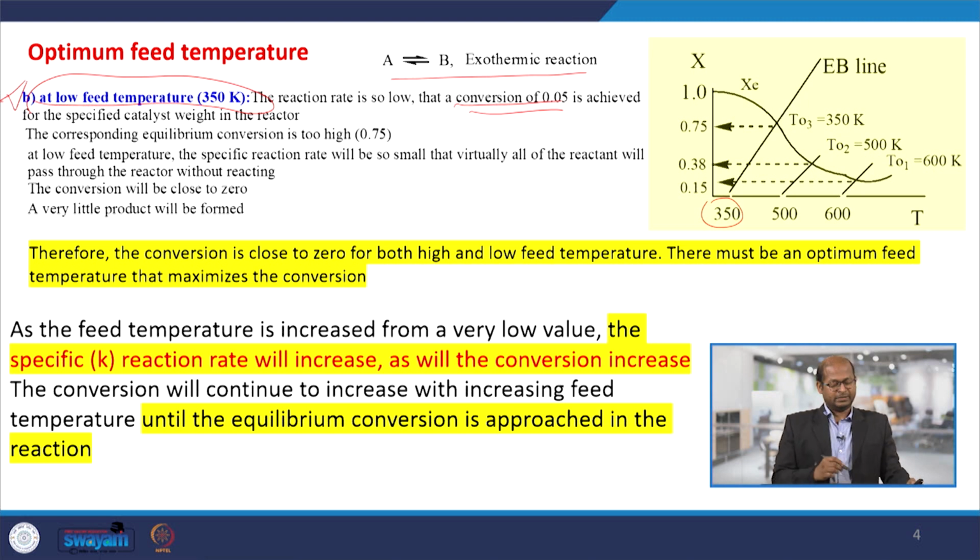In that case the equilibrium conversion is 75%. So when we start the reaction at 350 Kelvin feed temperature, we get very low conversion, but the equilibrium conversion is very high.